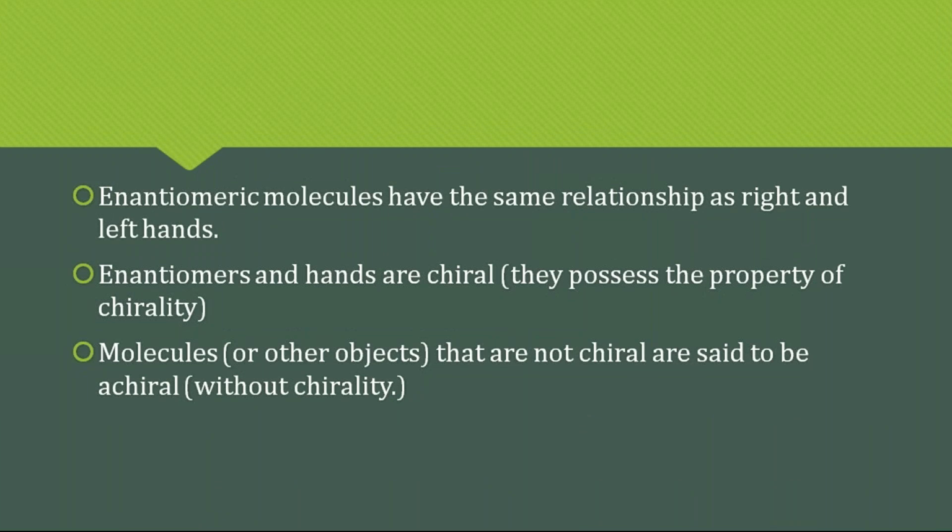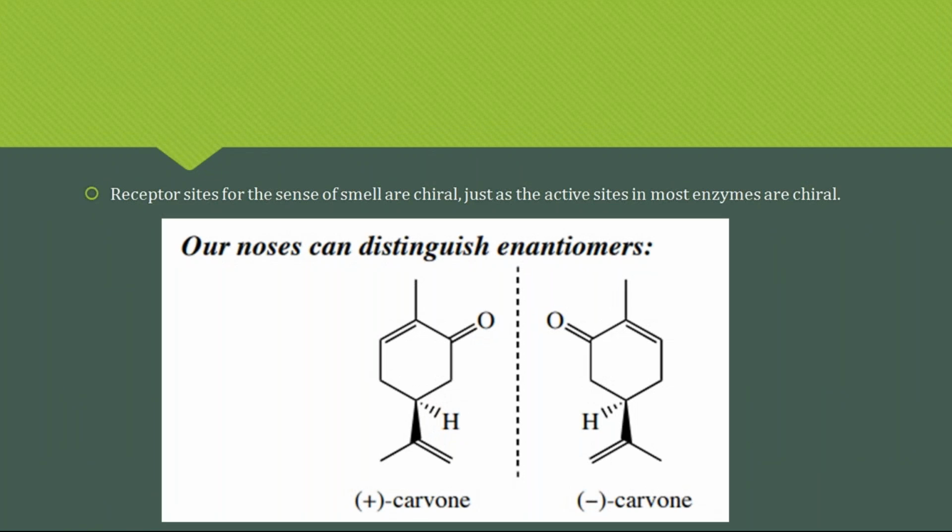Enantiomeric molecules have the same relationship as the right and left hand. So enantiomers and hands are chiral; they possess the property of chirality. Molecules or other objects that are not chiral are said to be achiral, that is, without chirality. Receptor sites for the sense of smell are chiral, just as the active sites in most enzymes are chiral.